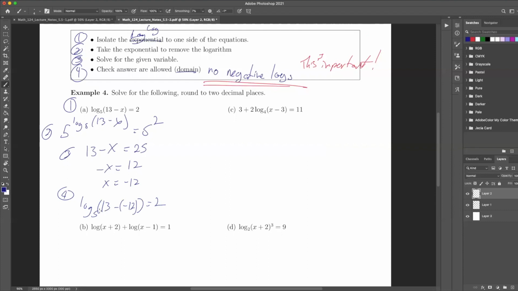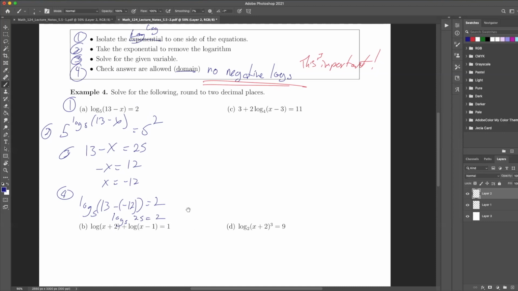And notice here that this ends up being log base 5 of 25, which is 2, which is okay, because this is positive, and in fact, this does check our answer. Not only is the answer allowed, it's easy to see that 5 raised to what power is 25? Well, 2. And so this ends up not being negative.